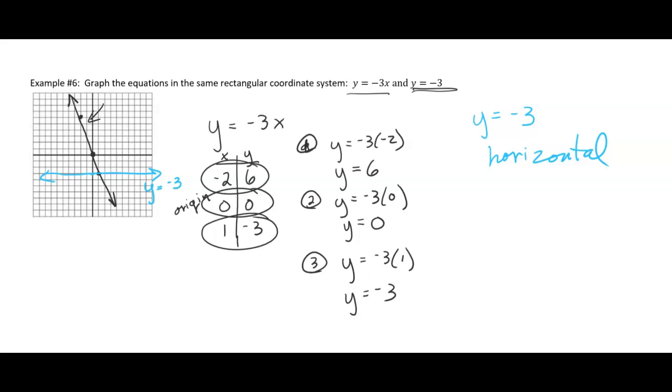This is the equation y equals negative 3x. They're two different lines, so don't get that mixed up. I think that's why they put this problem in there, to point out the difference between the two lines. Every line that we're given will match to a particular equation, and we have two different equations here, so we have two different lines.